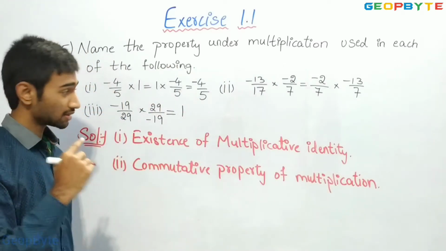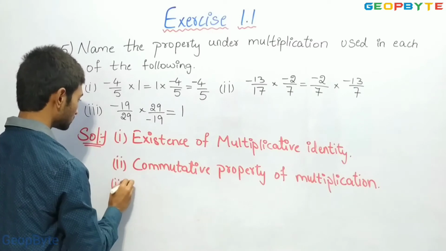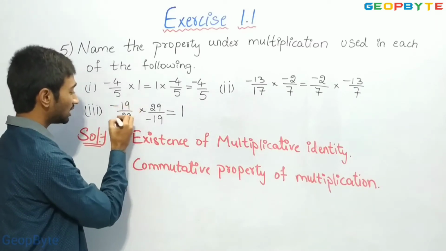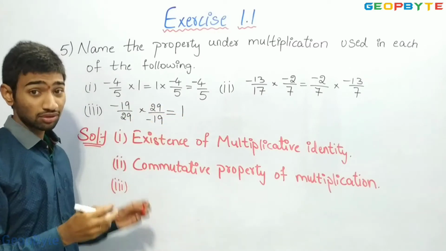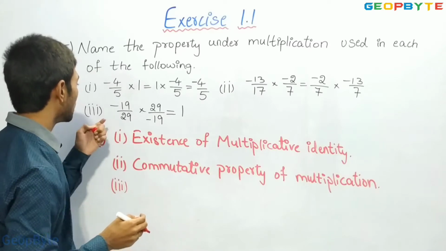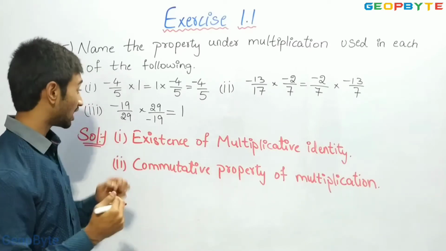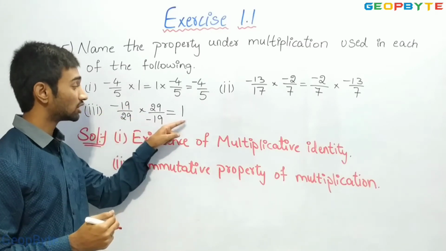Next, let us see the third bit. Here we see that it is in the form of a by b into c by d is equal to 1. So, it is in the form of multiplicative inverse. So, multiplicative inverse is given as a by b into c by d is equal to 1.